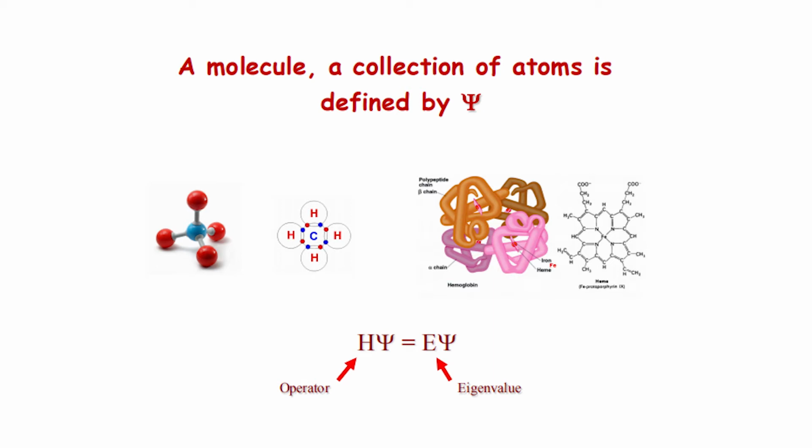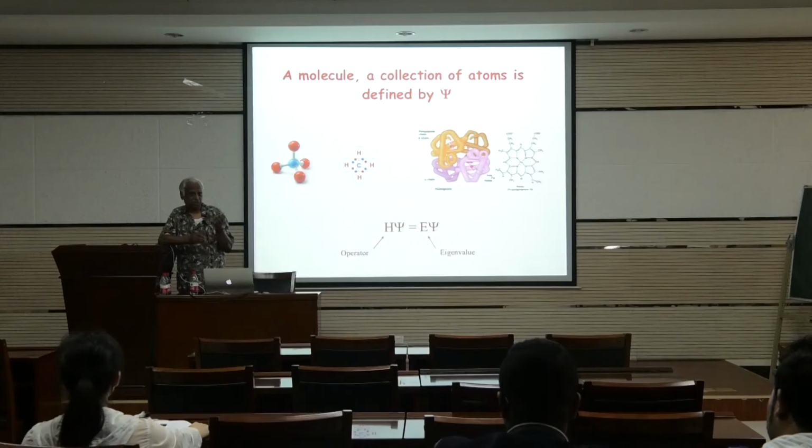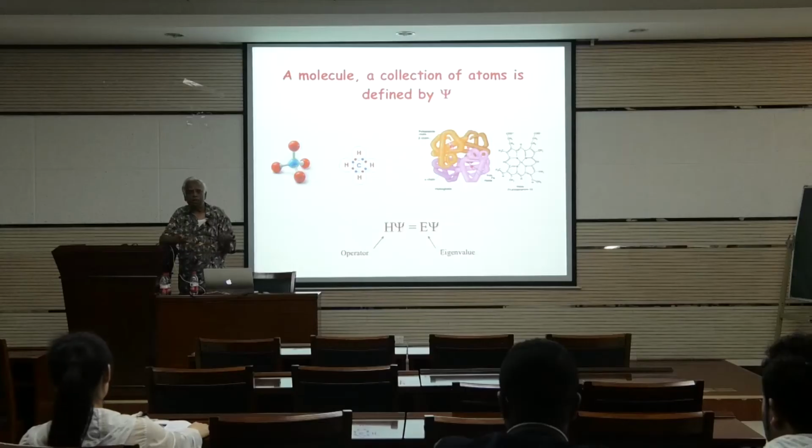So if I have a psi for you, a psi for her, a psi for somebody else, psi is basically your name. If I say I met so-and-so in Shanghai or in Chengdu, I don't have to tell the details, how tall he is, how fat he is, or what color he is. From the name you can immediately know who he is. Like that, if I say the psi for CH4, a good mathematician will immediately know what I'm talking about.